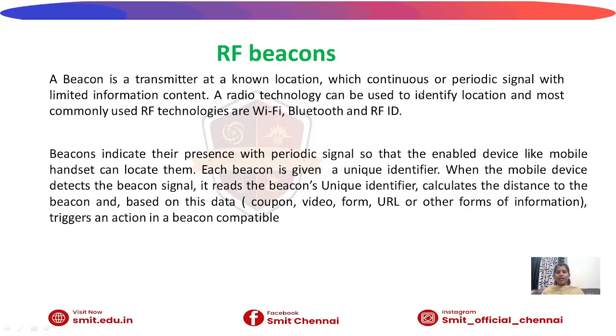It may be a continuous or periodic signal with limited information content, mostly used in Wi-Fi, Bluetooth, and RFID. RFID, radio frequency identifier, is a tag, and in the tag there is a beacon.